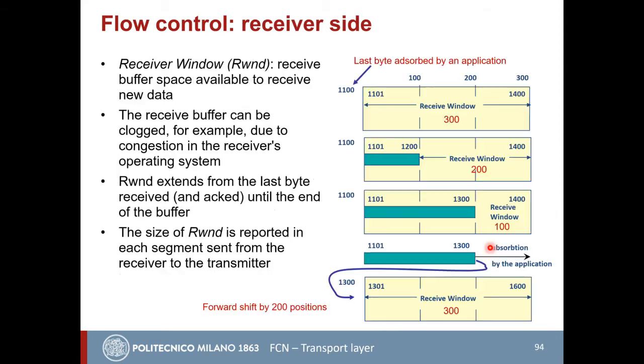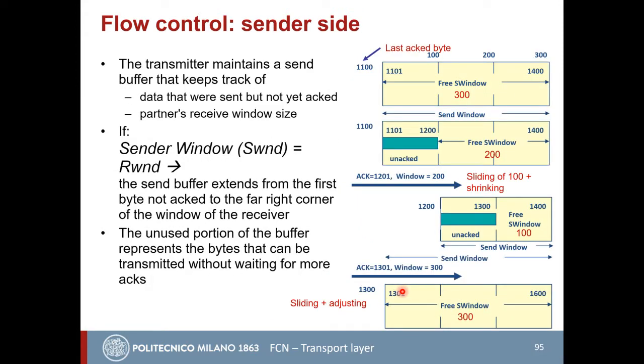So if you go back here, then it happens that the application reads all the bytes out of the receiver's buffer. So the receive window returns to 300 in size. So when the receiver sends the acknowledgement for the last segment that has been received, it also tells the sender that now the window size has to go back to 300. And so this is the new situation.